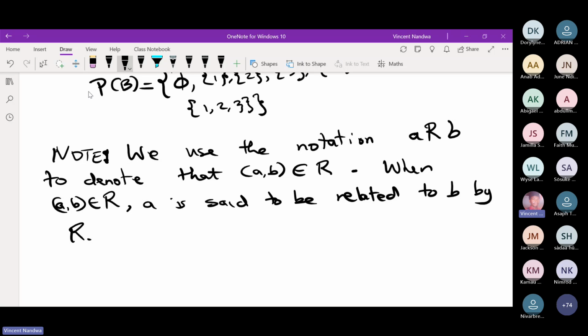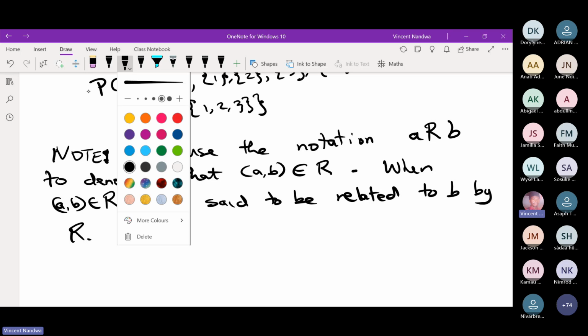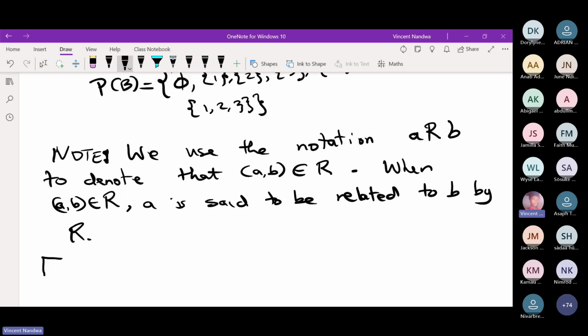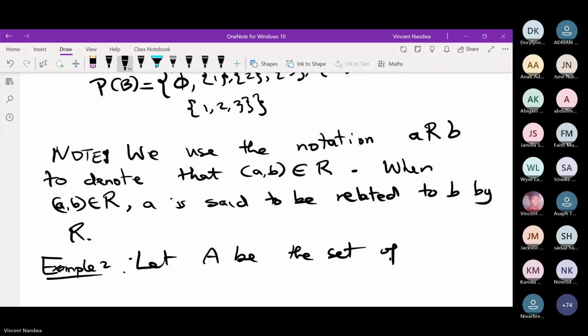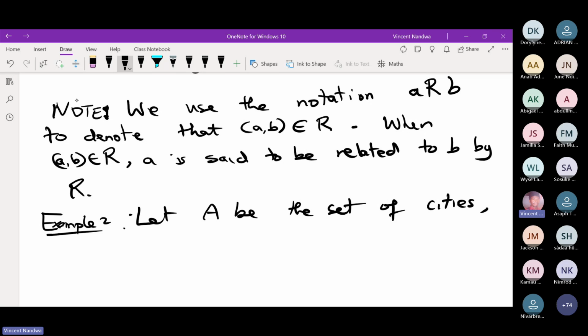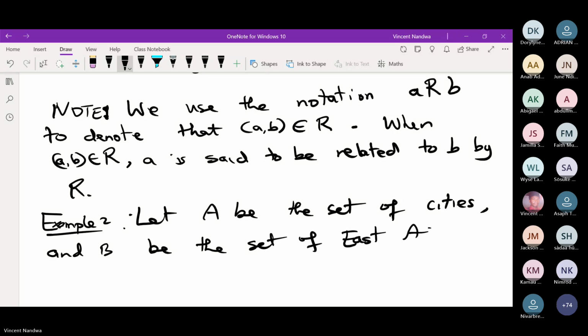So maybe also for us to get a better understanding of relation before we start discussing different types of relations, consider this. Let A be the set of cities and B be the set of East African countries.